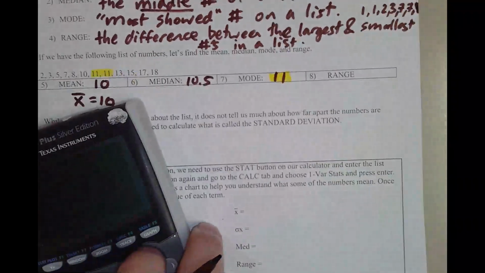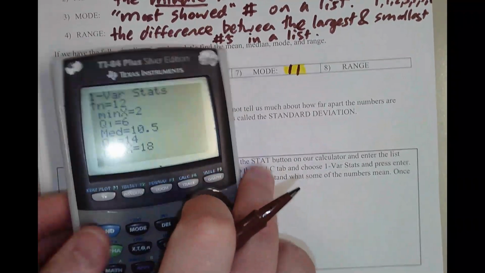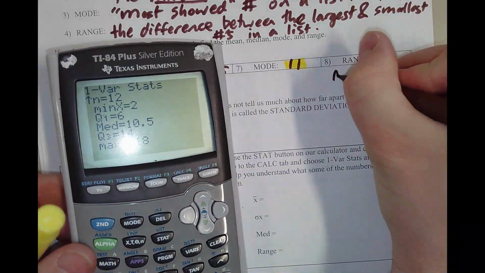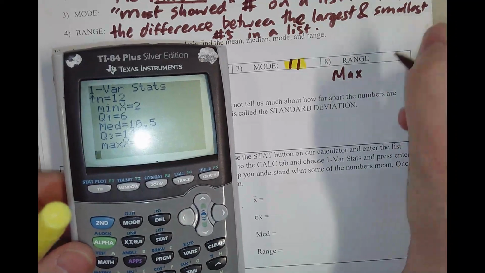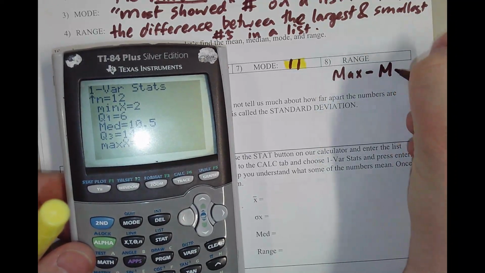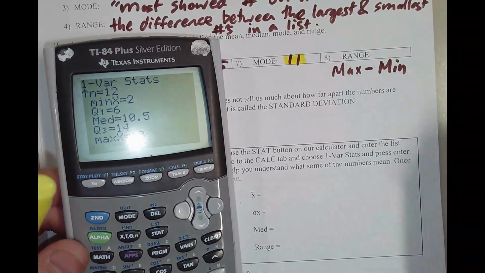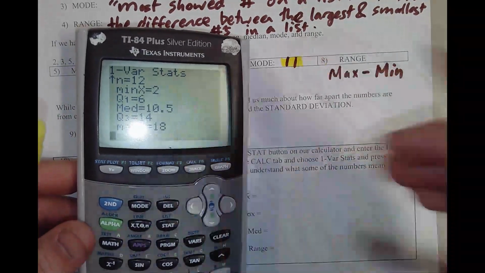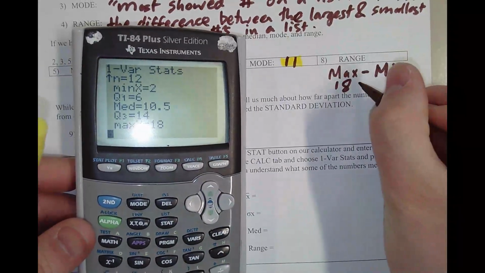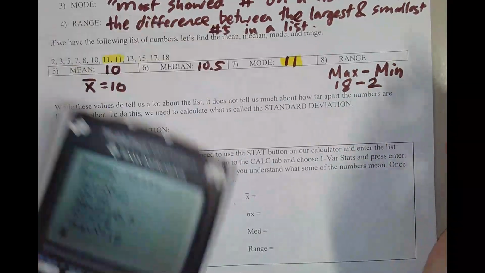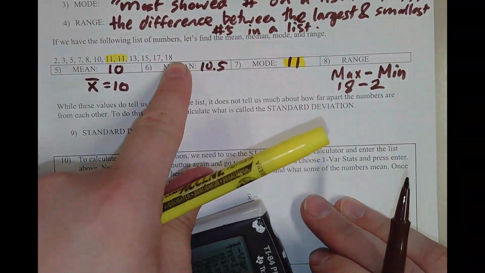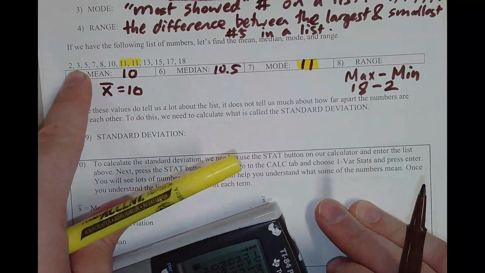Okay, finally the range. The range is going to be the maximum X value minus the minimum X value. So if we look at the max, we have 18. The minimum is 2. Or just look at our list. 18 minus 2.